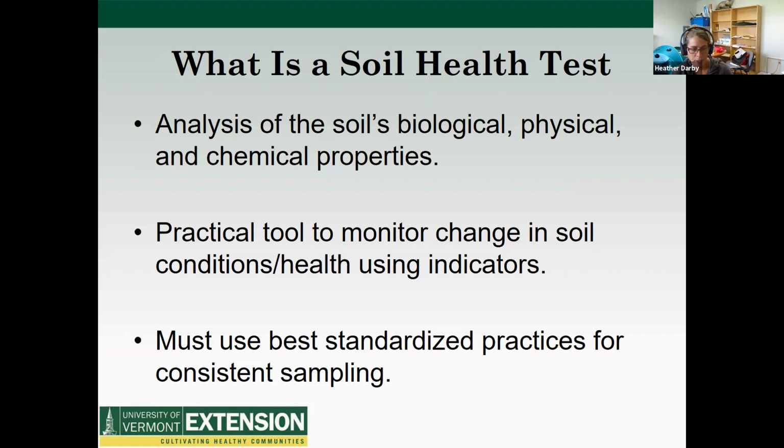So just like we say with a chemical test, the best thing is to be consistent about when you take those samples. And then we have a very practical and straightforward way that we tell people how to sample the fields. And if they follow that and they are consistent in their process and timing, then they should be able to compare results over time and feel good about doing that.